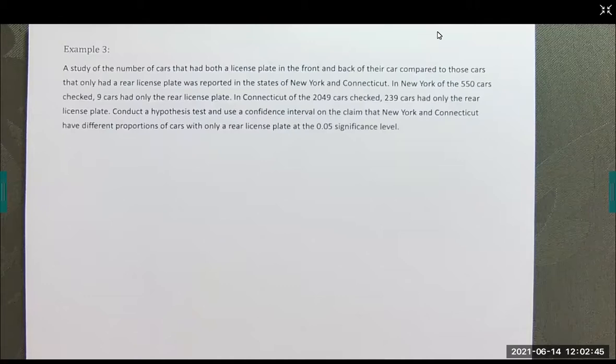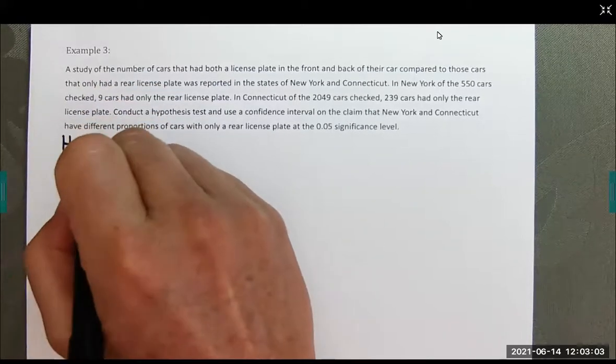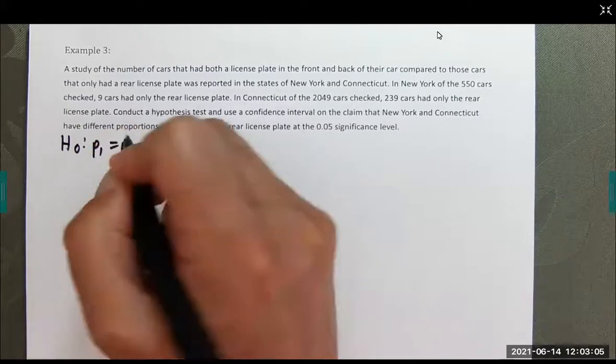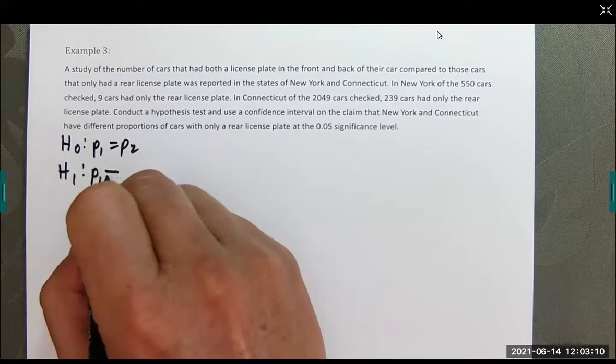Conduct a hypothesis test and use a confidence interval, so we're going to do both, on the claim that New York and Connecticut have different proportions of cars with only a rear license plate at the 0.05 significance level. So our null hypothesis: p1 equals p2. Alternative hypothesis, that p1 does not equal p2.